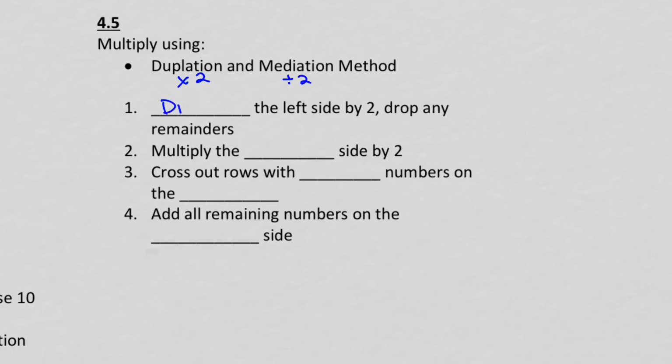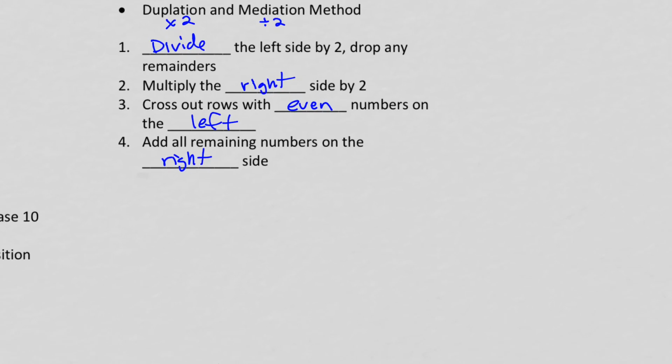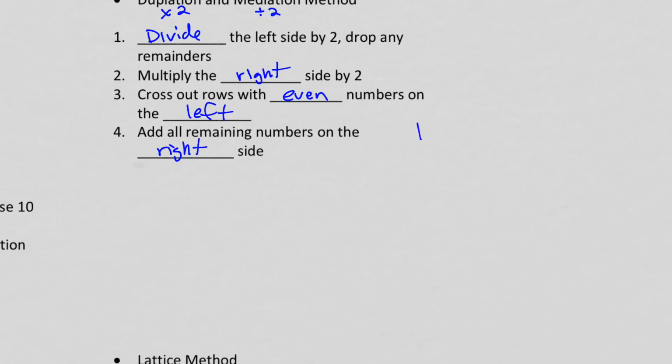We're going to divide on the left side by 2, drop any remainders, and then multiply the right side by 2. The third step is to cross out any rows with even numbers on the left side, and then add all remaining numbers on the right side. Let's take a look at an example like 19 times 19.